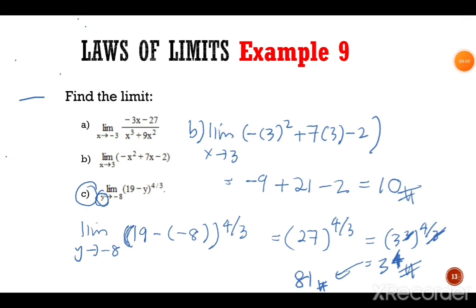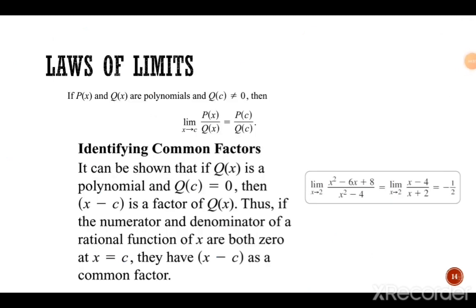Let's proceed. Okay, kat sini dia ada cerita law of limits lagi, tak habis lagi law of limits ni. Kalau you perasan, law of limits of polynomials, apa ni? P and Q are polynomials. Okay, maknanya we have what we call as a rational function, the ratio of two polynomial functions, Px over Qx.